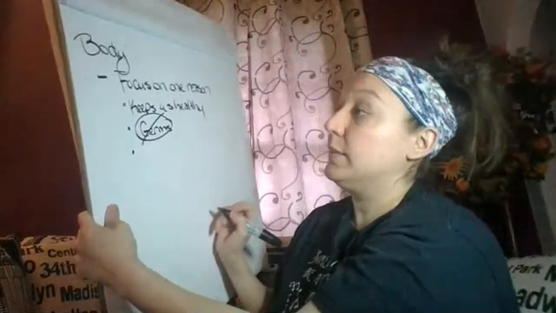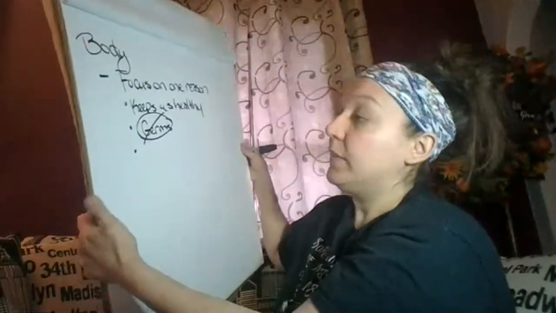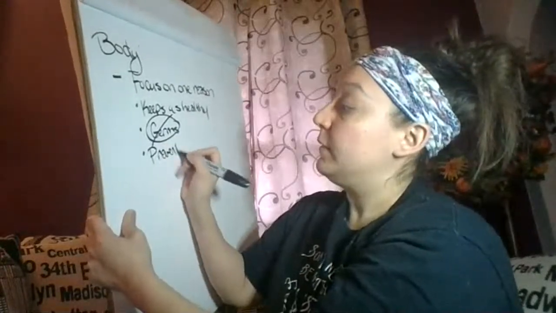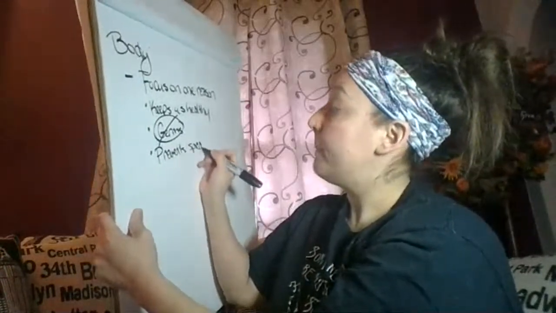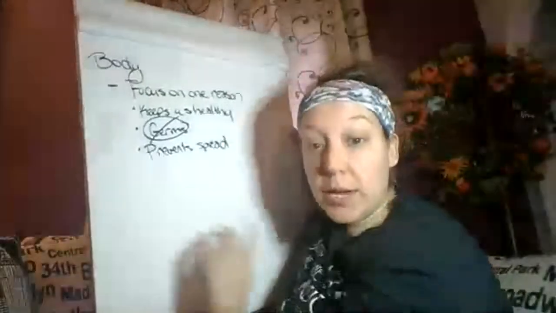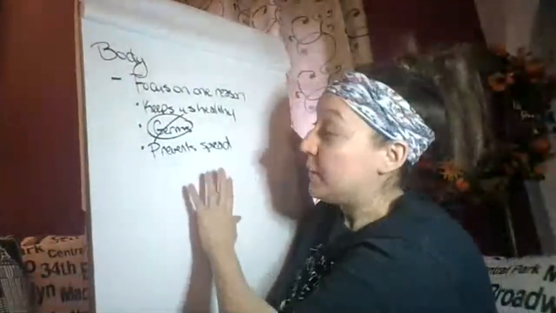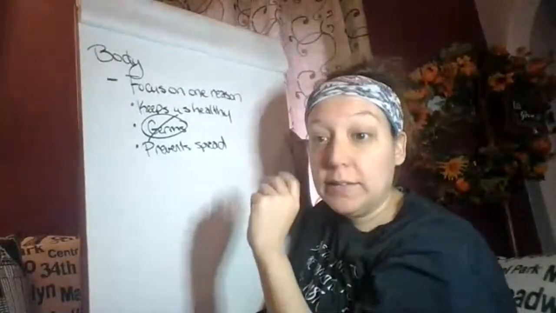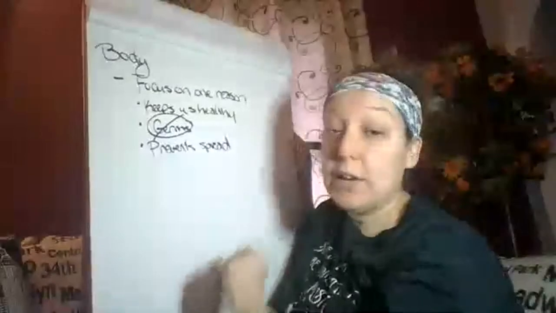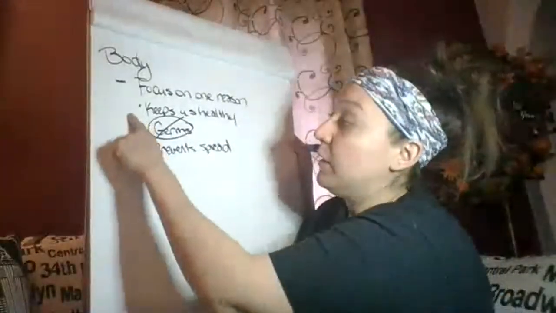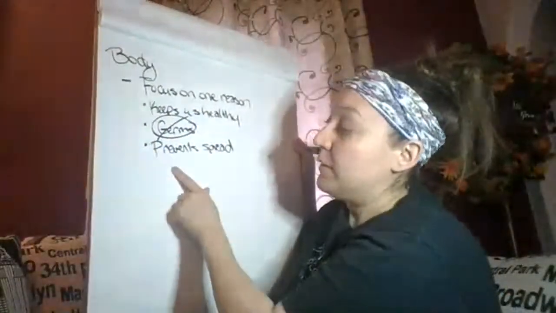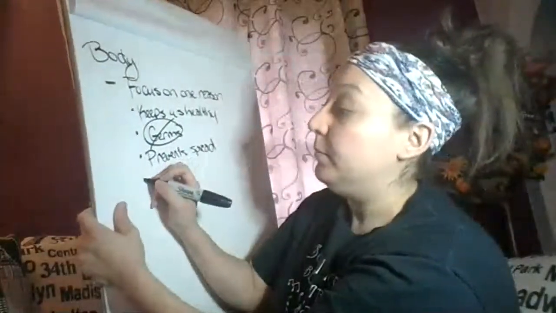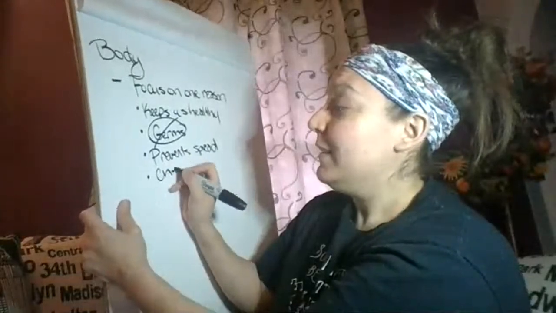My next little point is going to be, all right, well, keeps us healthy, gets rid of germs, prevents spread. Prevents spread of what? Anything that you want it to be. Like I said, the whole point of this is that an eye chart's supposed to be a really quick and simple, easy way for you to just write down your thoughts, right? So it keeps us healthy, it gets rid of germs, it prevents the spread of like bacteria and dirt and stuff like that.